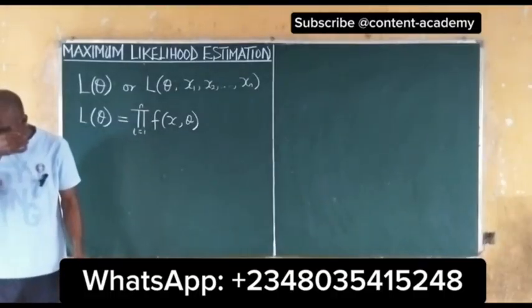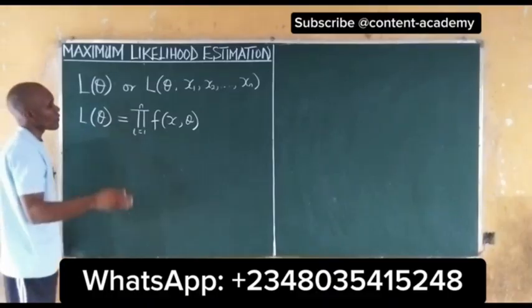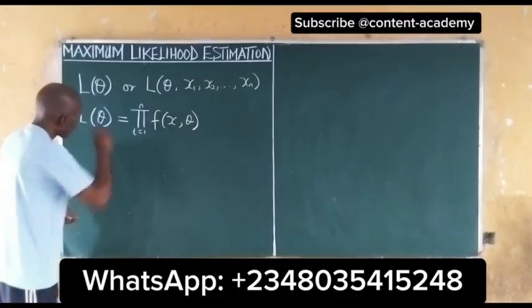The likelihood function is just the joint density of a random variable. It's the joint density of a random variable.